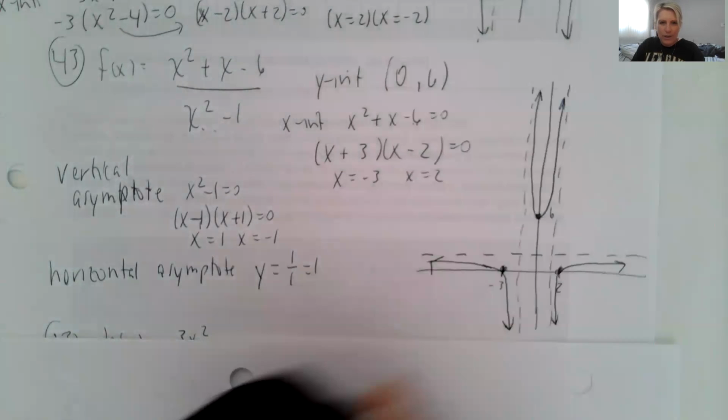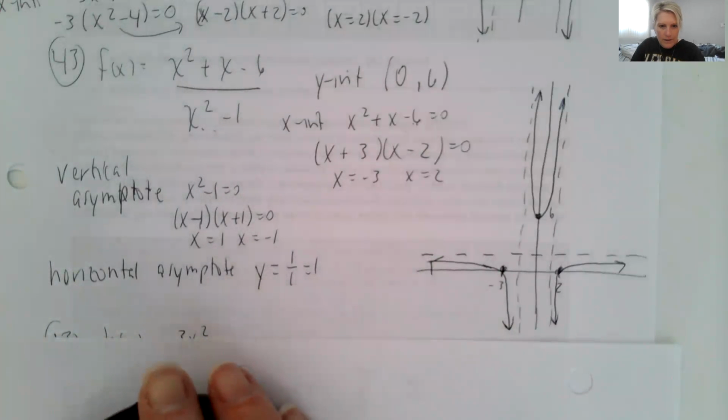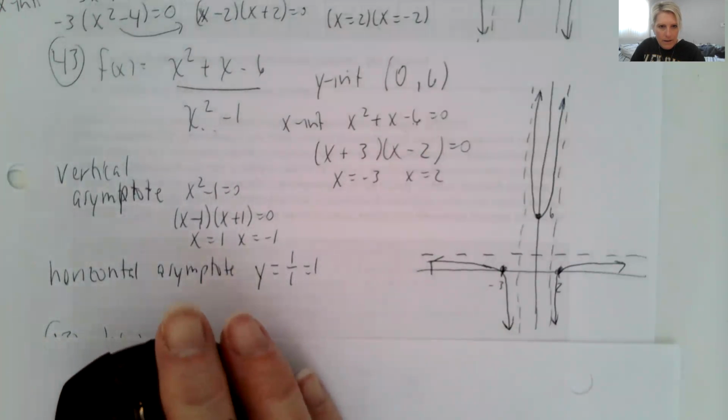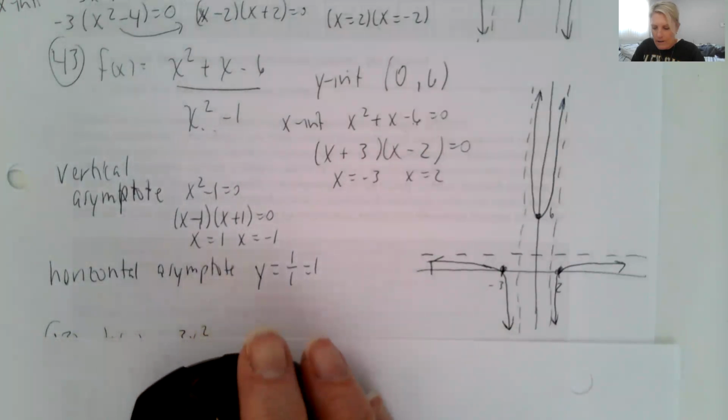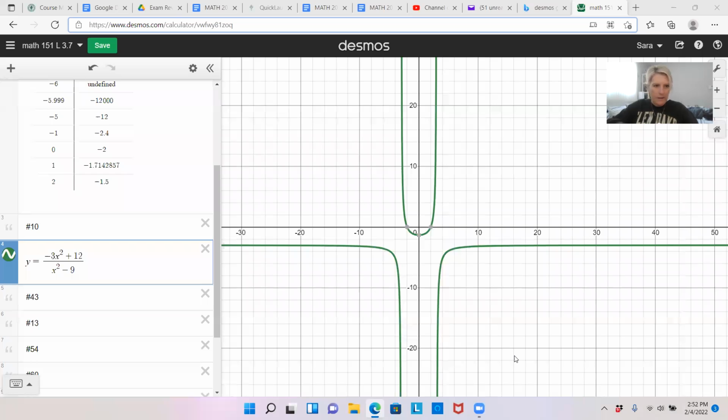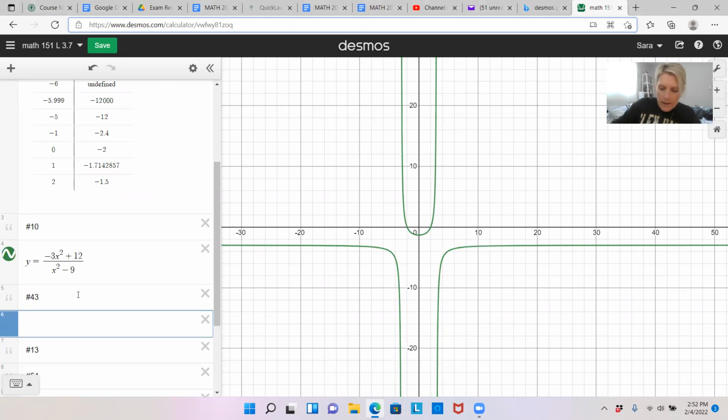Let's just check it out in decimals. I'll save all this and I'll put the link so you can find my decimals, how I typed everything in. So I'm going to put this in parentheses.